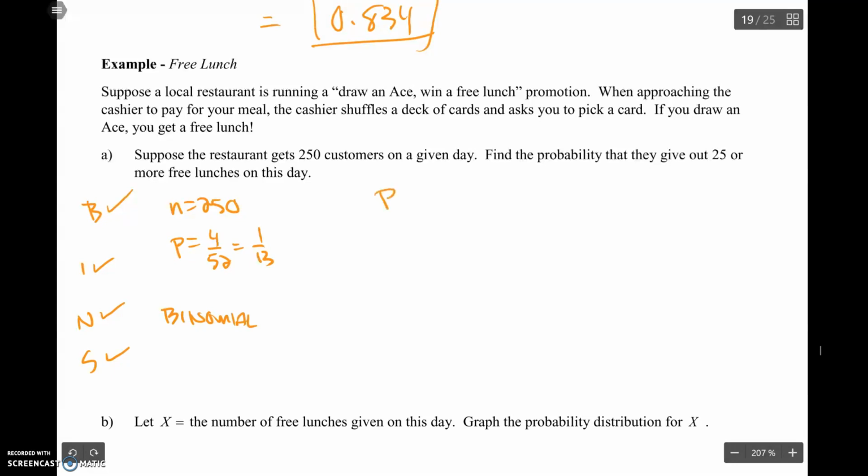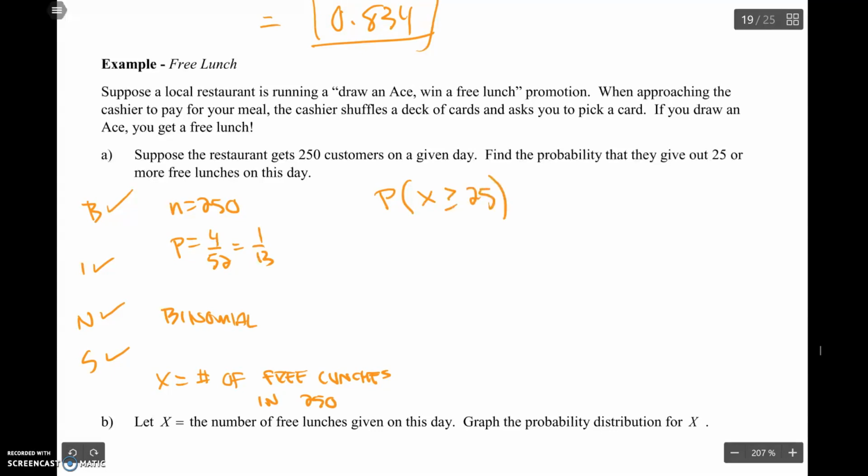Find the probability that he's going to give away 25 or more free lunches. That's the probability that x, by the way, x is equal to number of free lunches in 250 customers. What's the probability the number of free lunches is 25 or more?